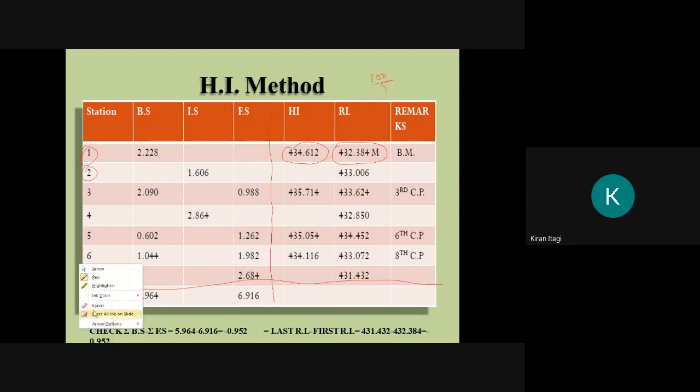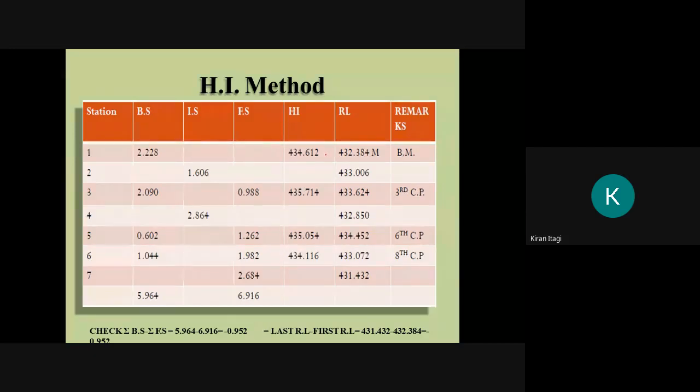Okay, be fast, take a calculator. Just do one example with a calculator. In the next example we can write it down, it's up to you, but for this numerical at least take pen and paper along with a calculator so that you get some ideas. So in the calculator write 432.384, then add the backsight, that is 2.228.